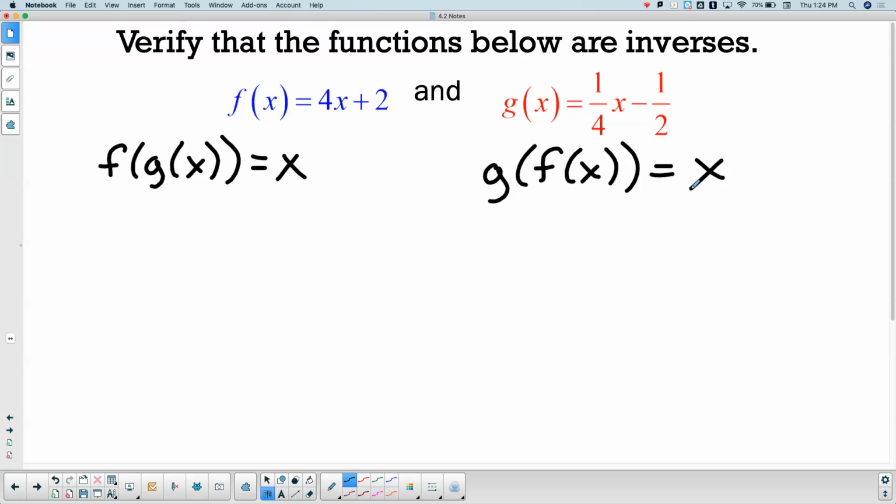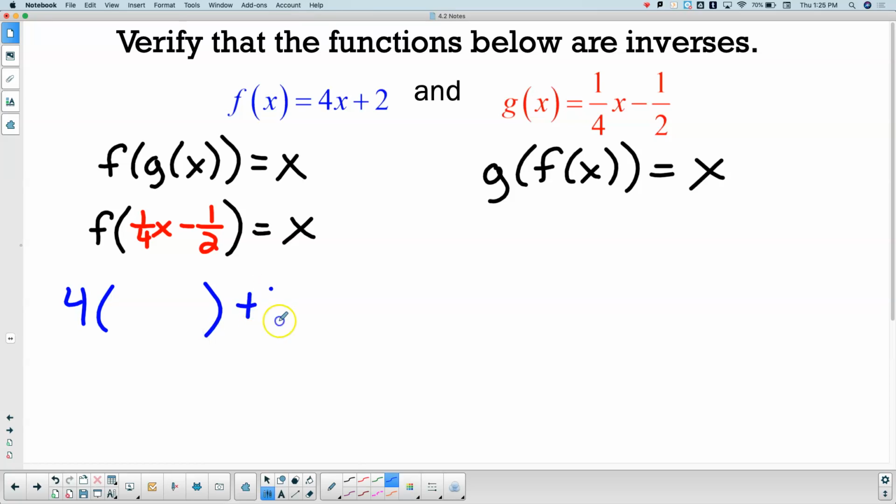So what this is saying is I need to put g of x, which is 1/4 x minus 1/2, into f and get out x. So f of x is equal to 4 times x plus 2. I replace x now with 1/4 x minus 1/2.